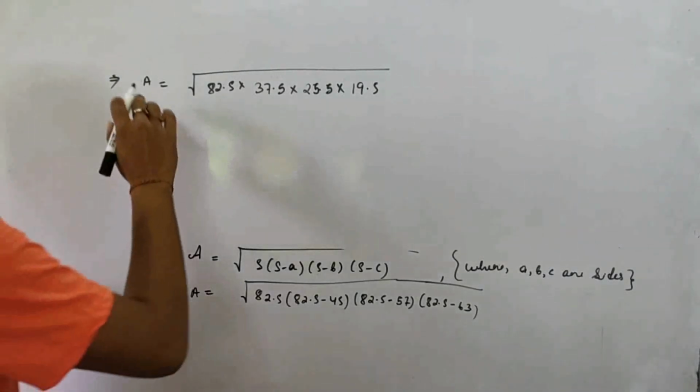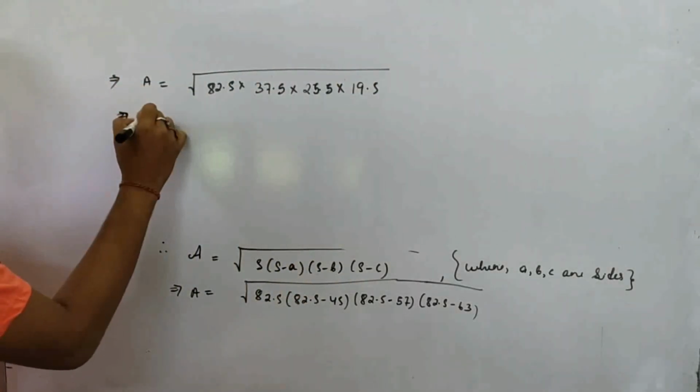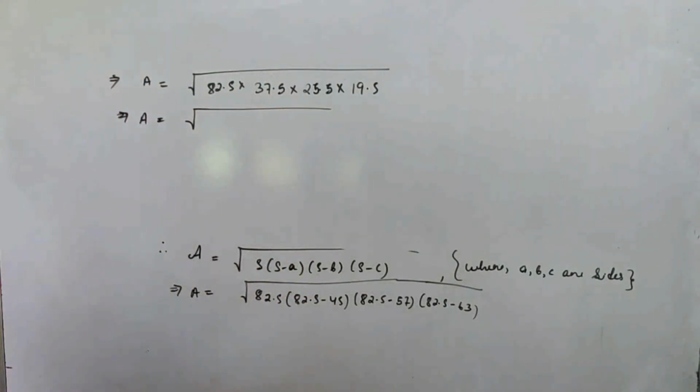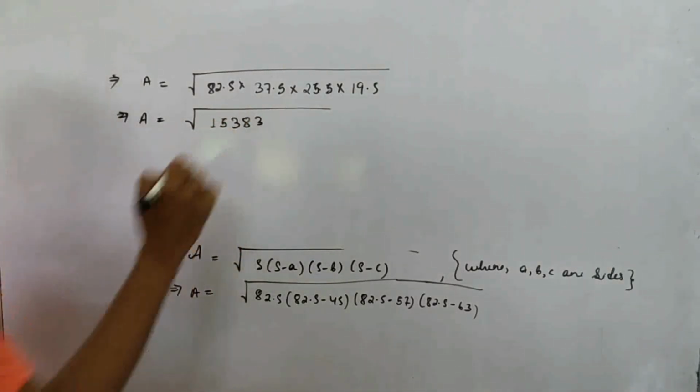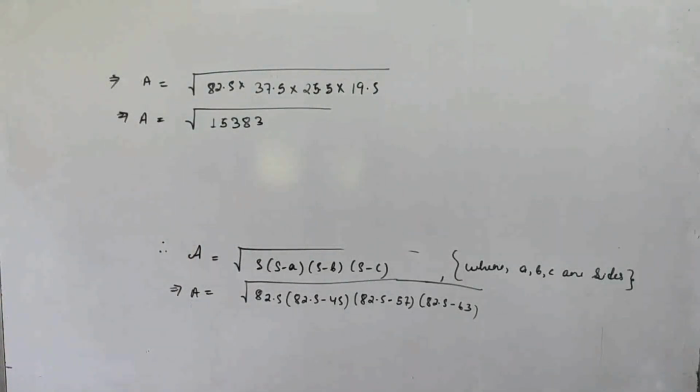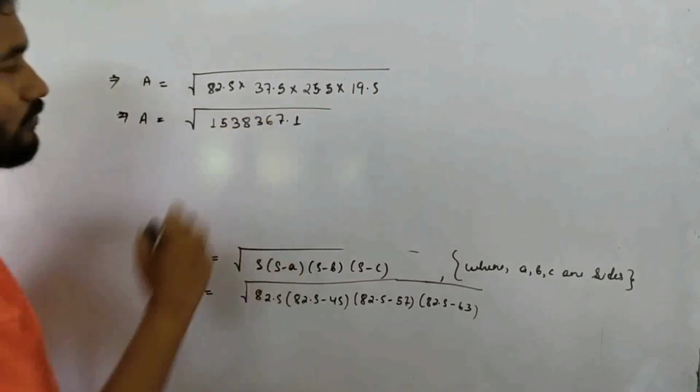Last step is what? You multiply all this, which implies A will be equal to root over 82.5 multiplied by 37.5, 25.5 and 19.5. Right now I am multiplying using a calculator. So you will get a huge number, 1538367.1. In the exam, don't use any calculator, okay?